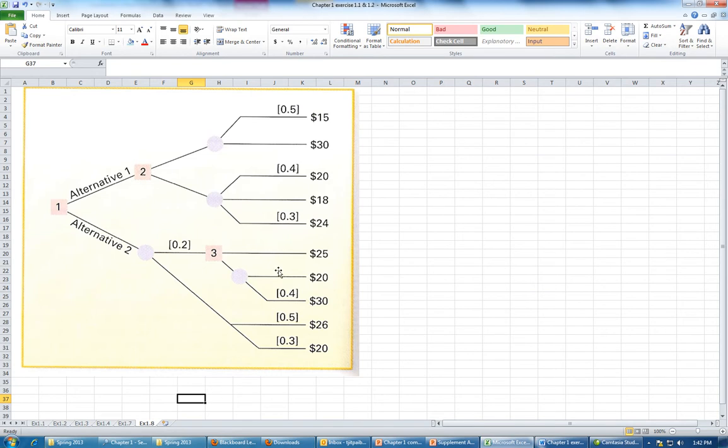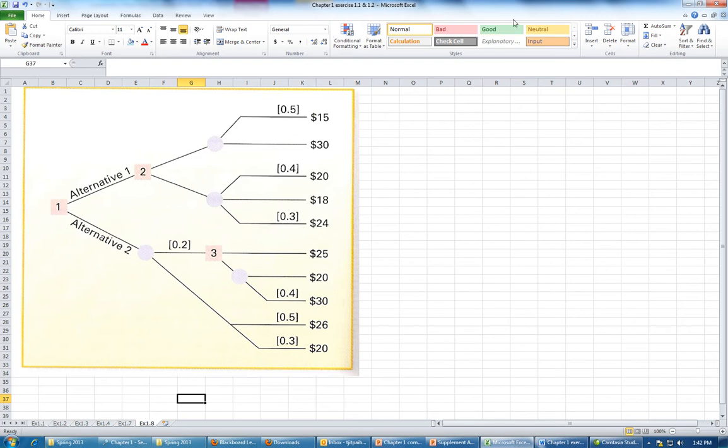From example 1.8, you can see that there are two main alternatives. You have to make a decision. You also have multiple event nodes. By the rule of events, the event probabilities must add up to 1.